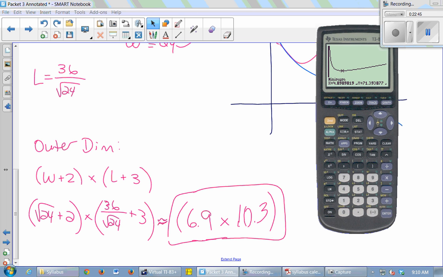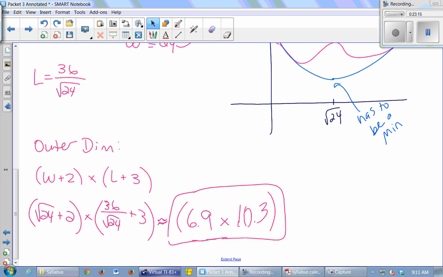And I got 4.9. Because of the what? Oh, yeah. Right, because that's the W. That doesn't have the plus 2 on it. Whew. So that confirms. That is radical 24. Yeah. Good.